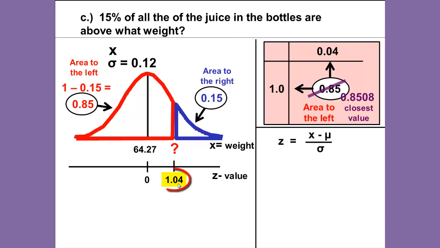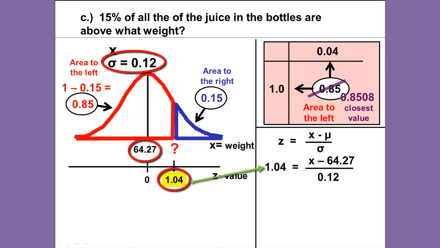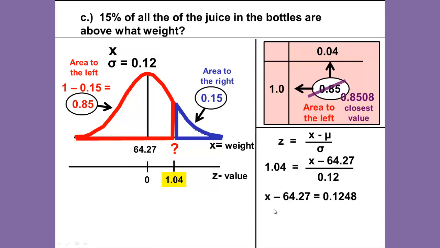Think about it. We have a z, we have the mean, and we have the standard deviation. We're missing the weight. So plug in the z, plug in the mean, plug in the standard deviation. Now we can solve by cross multiplying for x.